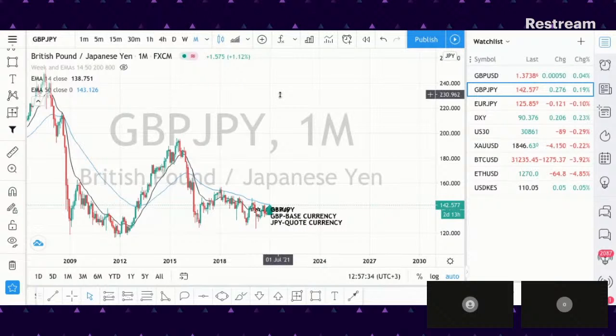I don't know if you can see. I think this function is only available in MT4, whereby you can be able to involve the bid price.